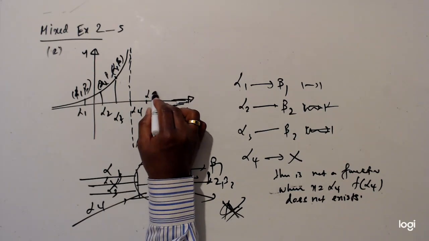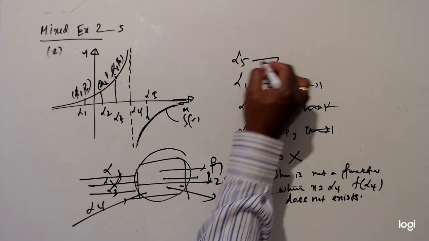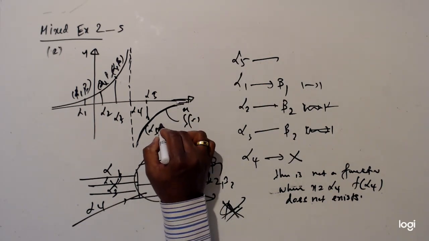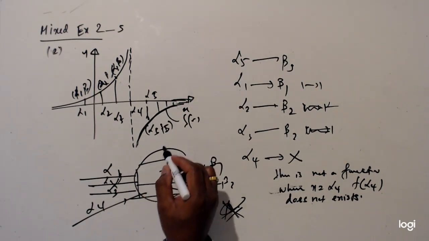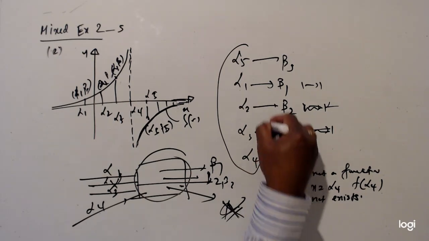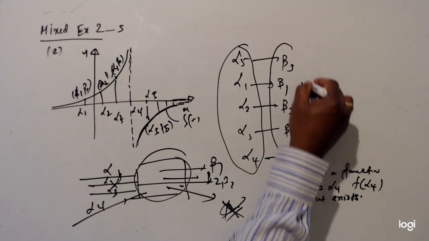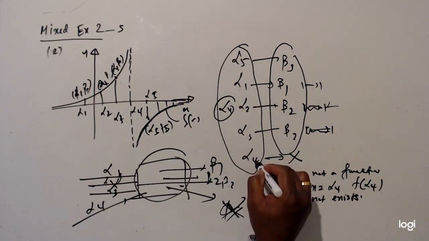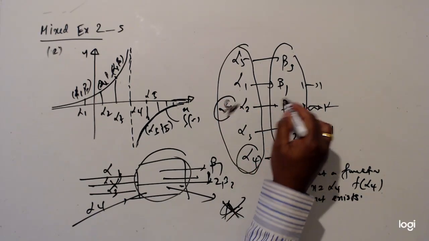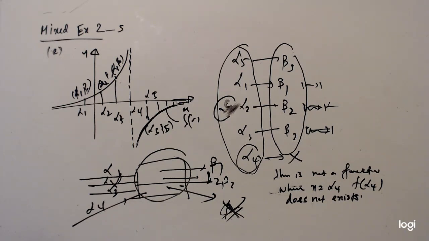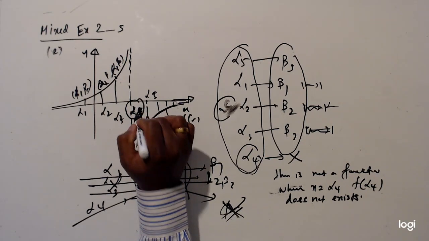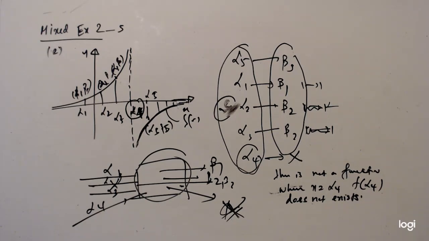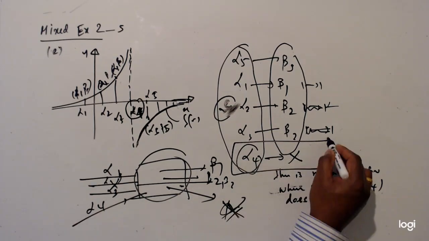Only this value, this problem is there. If you select alpha 5 here, yes, alpha 5 has a beta 5. I'll assume this is beta 5. So likewise for all other values except alpha 4, there is a value in range. The only problem is alpha 4. So if you want to make a function, we have to take this value out.